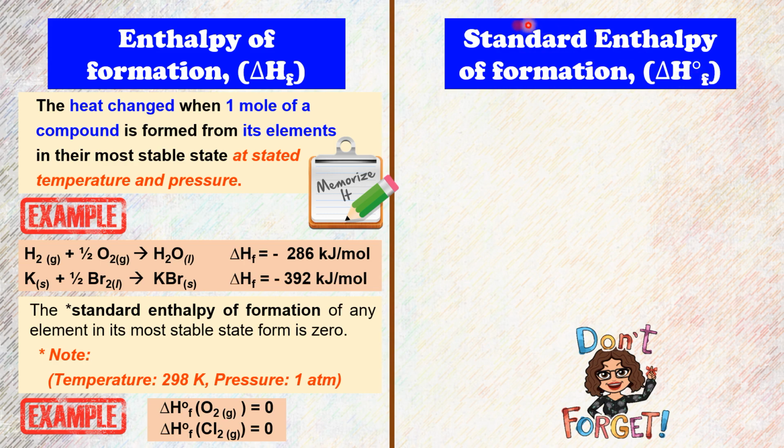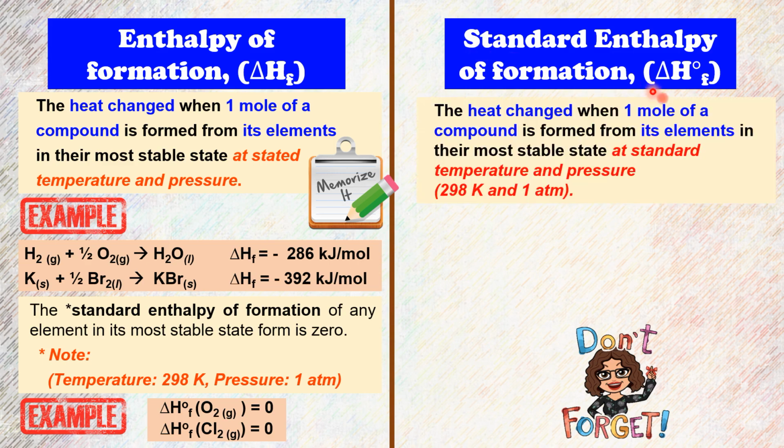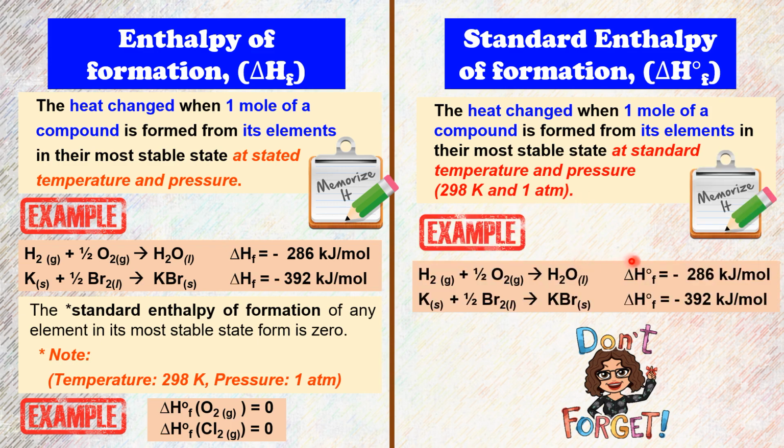When we add standard in front of enthalpy of formation, the difference is the condition. For the standard enthalpy of formation, the reaction occurs at standard temperature and pressure, that is 298 Kelvin and 1 atm. So in the thermochemical equation, you have to write delta H naught f, which refers to the standard enthalpy of formation.